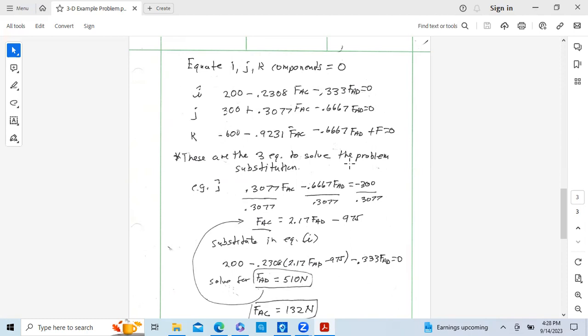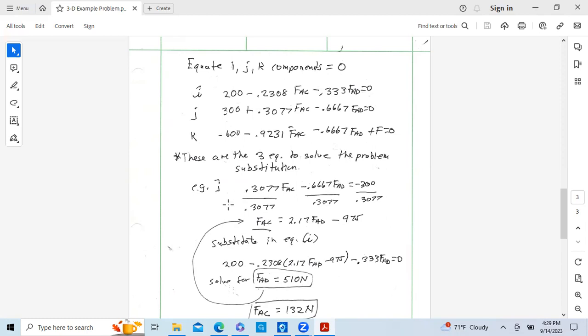And then what you do here is you can do this multiple ways, using substitution, whatever you want to do when you look at it. What I did is I took this j equation and solved for FAC, and to do that I just divide every term by 0.3077.